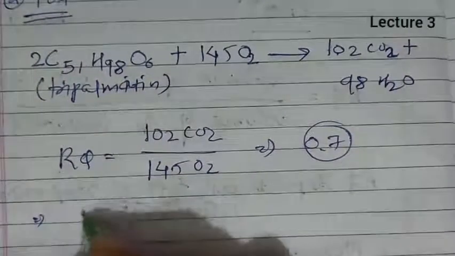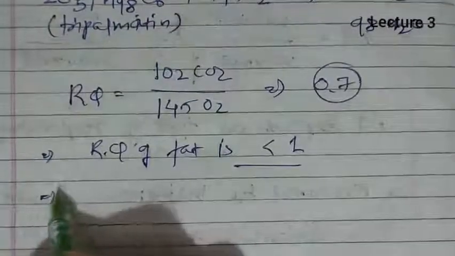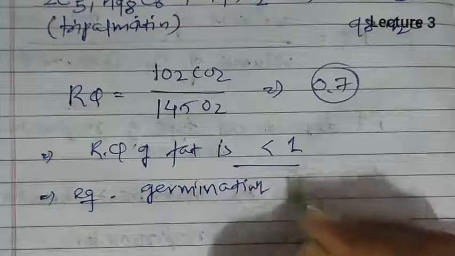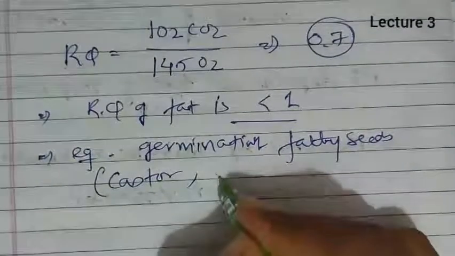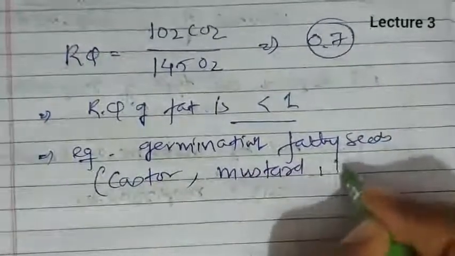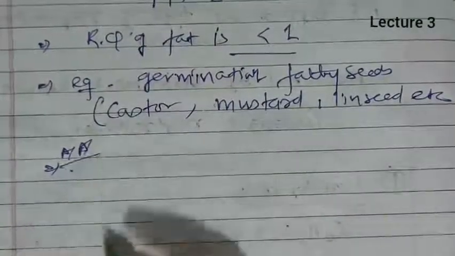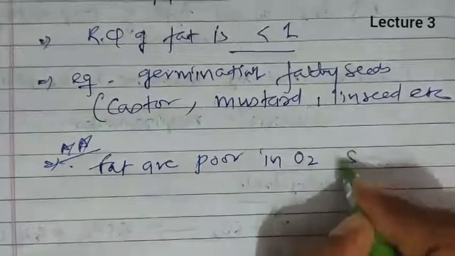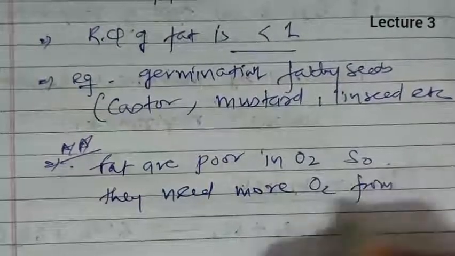So the RQ of fat is less than 1, that is 0.7, and it is found in germinating fatty seeds like castor, mustard, linseed, etc. The important point to remember is that fats are poor in O2, so they need more O2 from outside. That's why the RQ becomes less than 1.